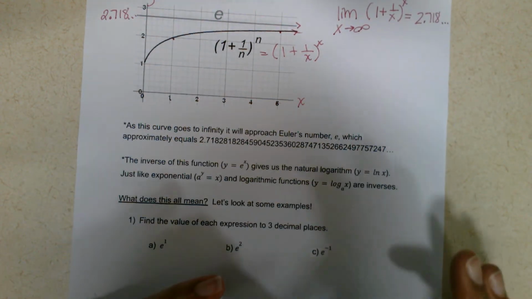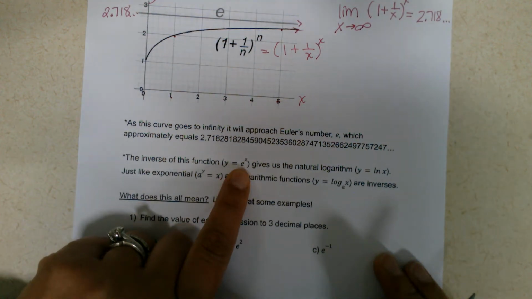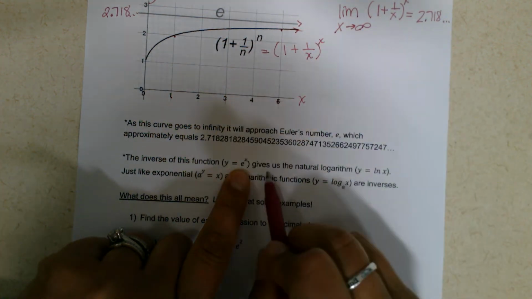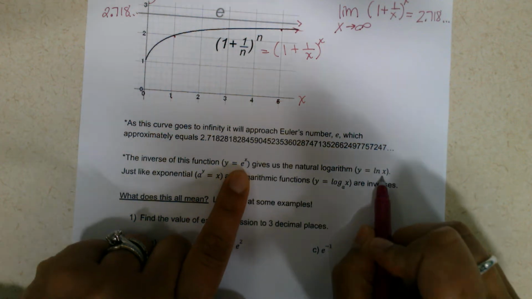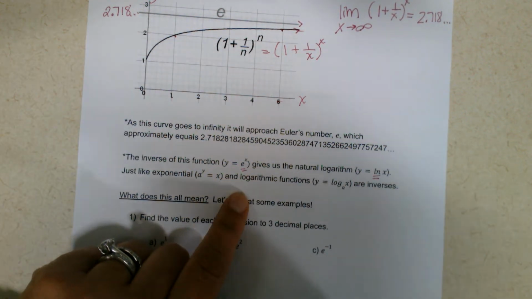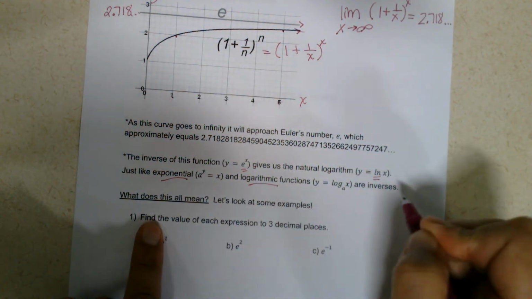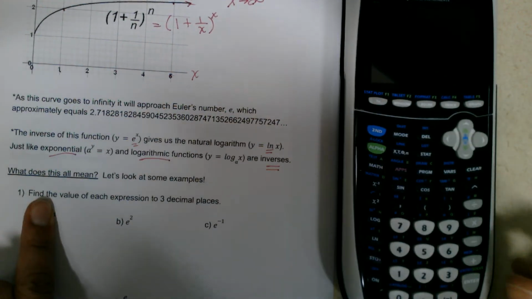Okay, so couple things. First, the inverse of y equals e to the x, and that's what we're looking at here, gives us the natural logarithm. So e and the natural log are inverses, just like exponential functions and logarithmic functions are inverses. And you'll see that on your graphing calculator too.